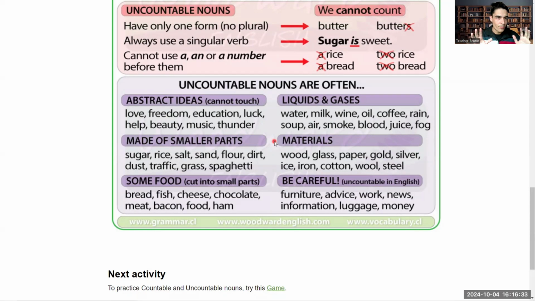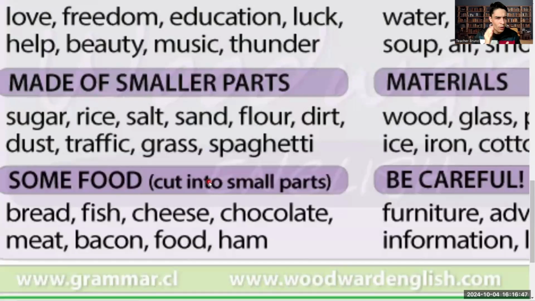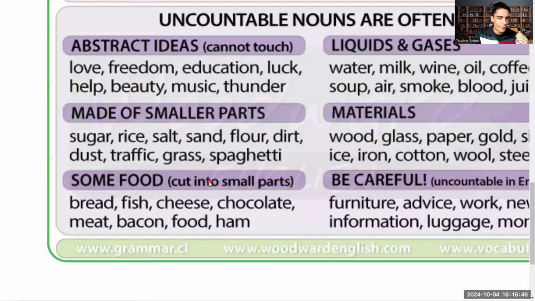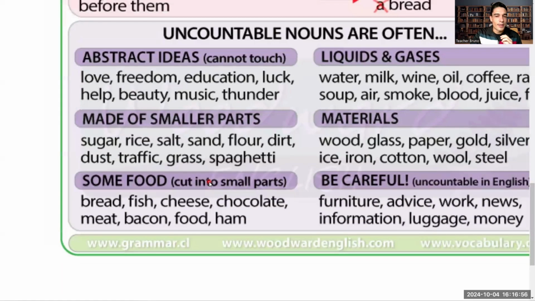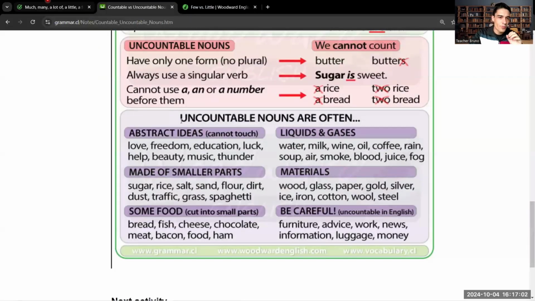Be careful, because in other languages, these nouns, maybe they're countable. But in English, that's not the case. Some food that can be cut into small pieces, bread, fish, cheese, we can cut into small pieces. So that's uncountable.